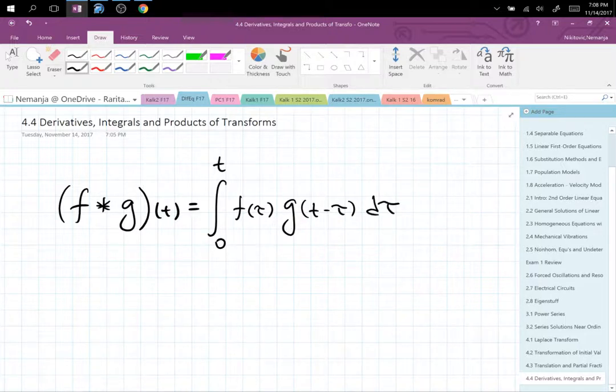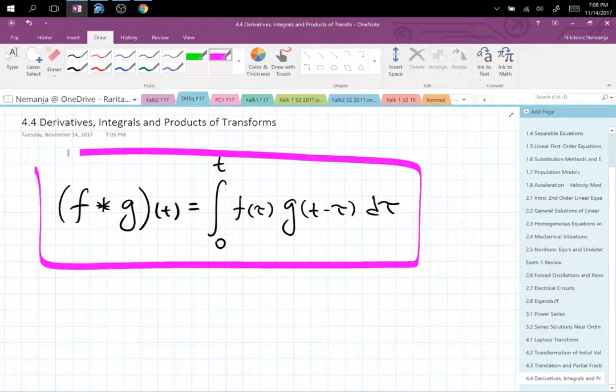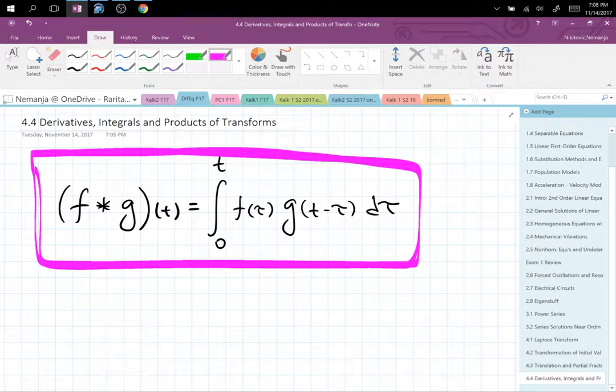This tau is a dummy variable. And this is known as convolution. This is for all t larger than 0.